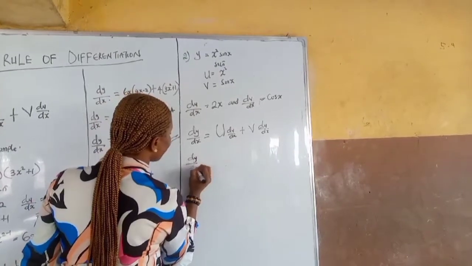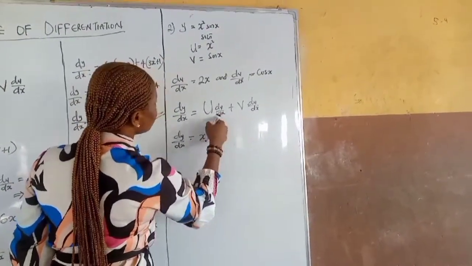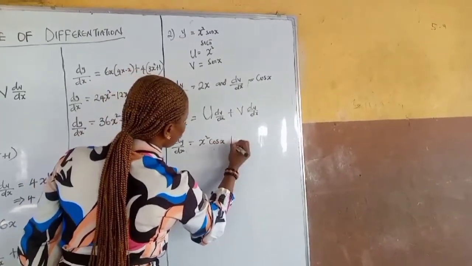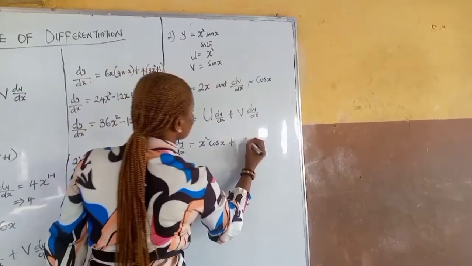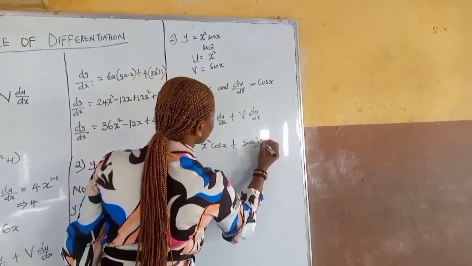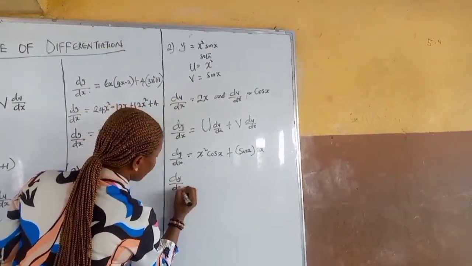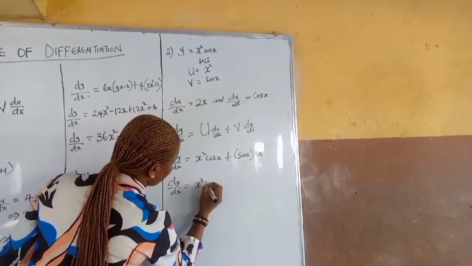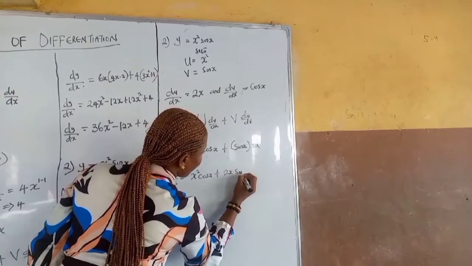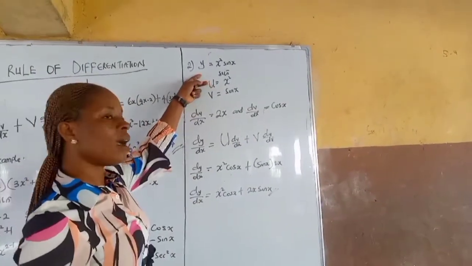My u is x squared, my dv/dx is cos x, my v is sine x, and my du/dx is 2x. So my dy/dx is x squared cos x plus 2x sine x. And that is the answer for this particular function.